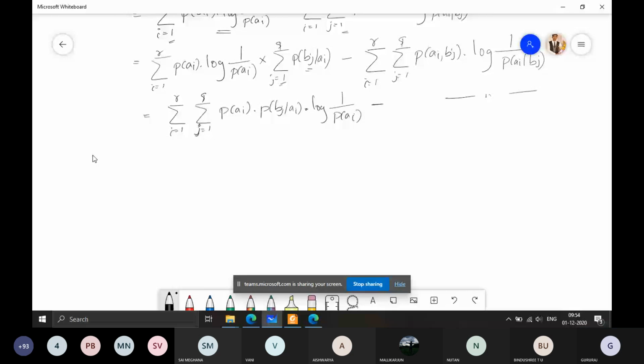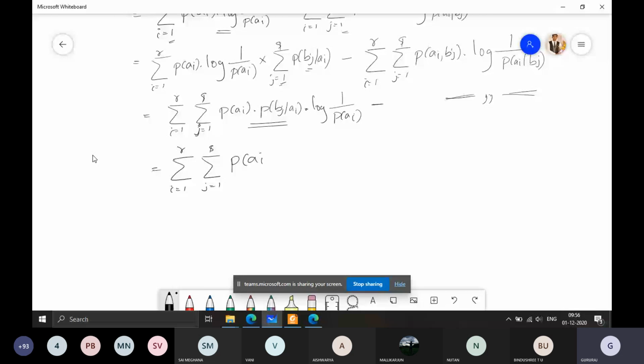Yes, next. So what is this term here? p(ai) into p(bj/ai) is the joint probability of ai with bj.